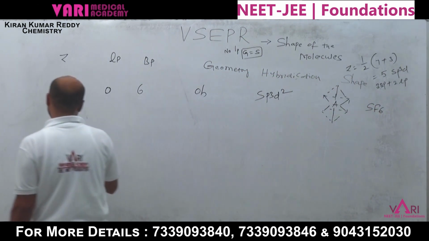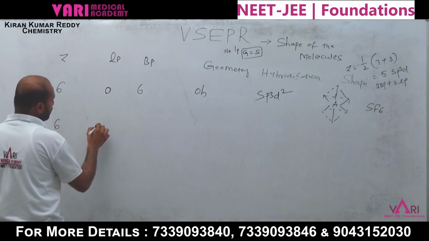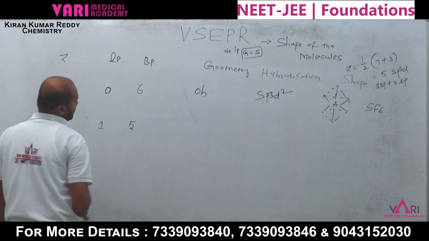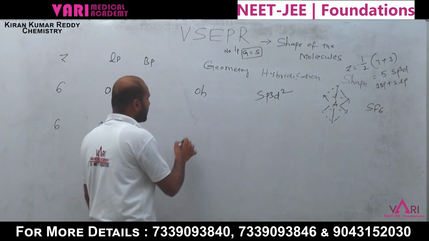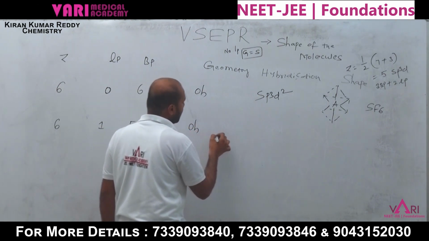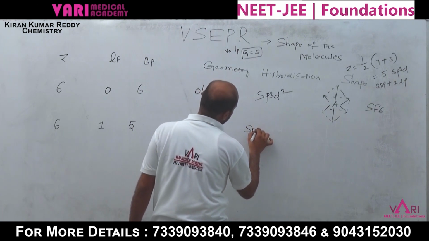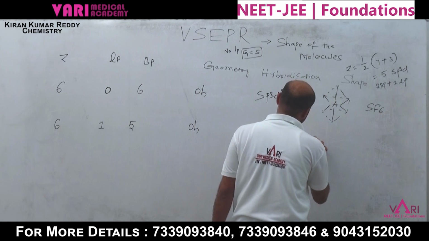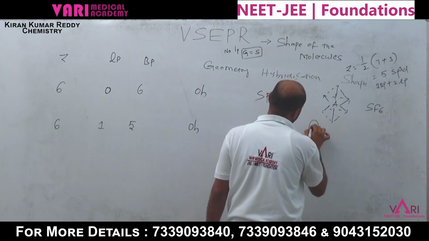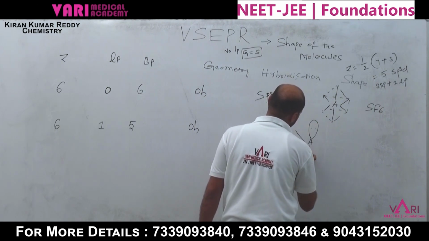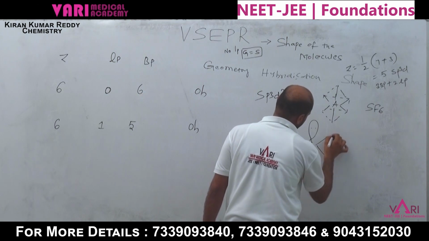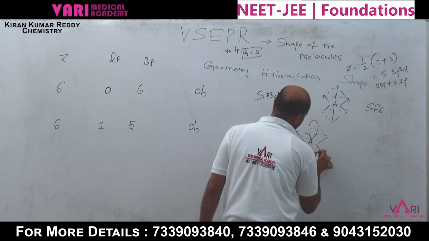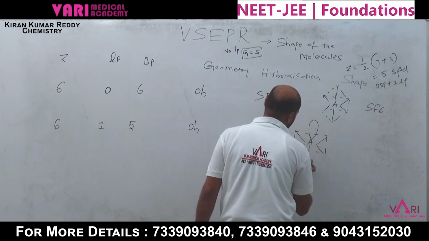If you take Z is equal to 6 and lone pairs is 1 and bond pairs are 5. If bond pairs are 5, the geometry we already know is octahedral, sp3d2 hybridization. And if one lone pair is present, what is the shape? It looks like a square pyramidal.